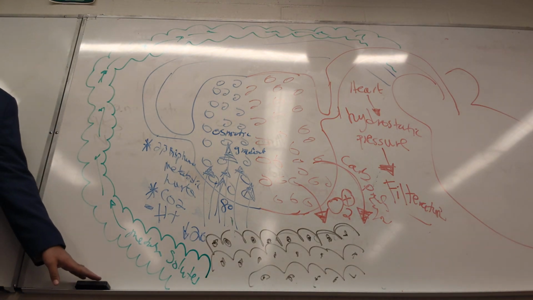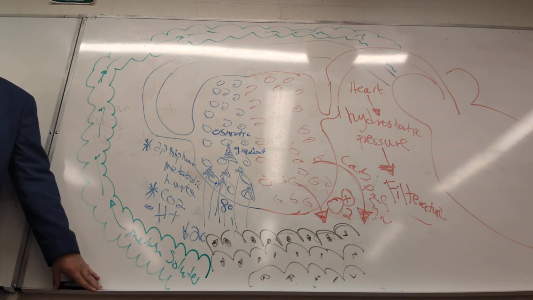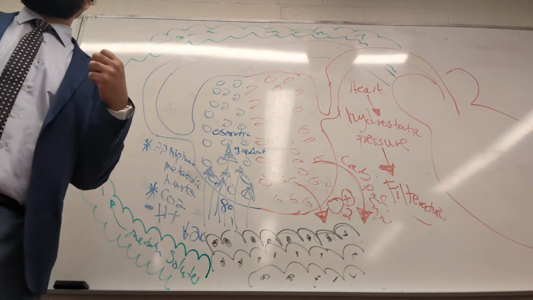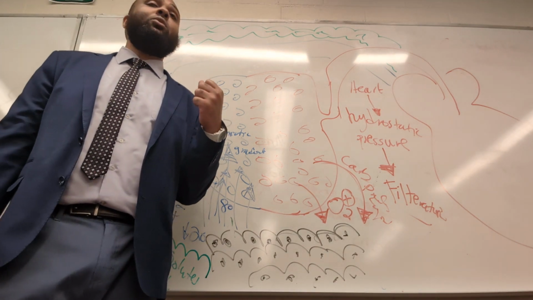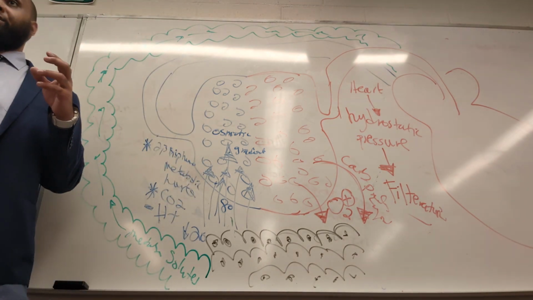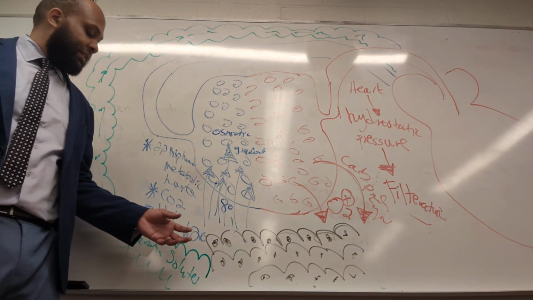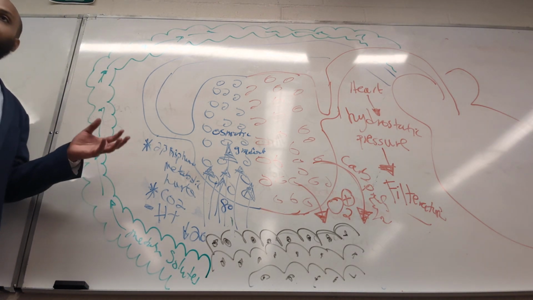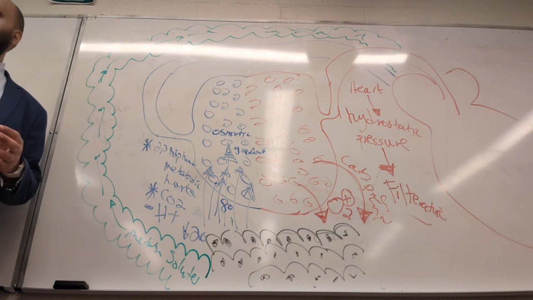Are we clear what the lymphatic system does? So we have two lymphatic ducts. We have the thoracic duct, and this thoracic duct is very important because it drains an extreme amount of all of the leftover stuff that remains behind.